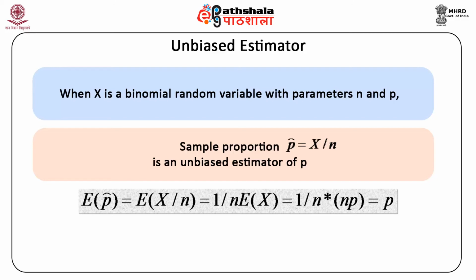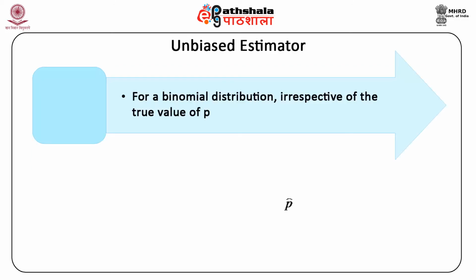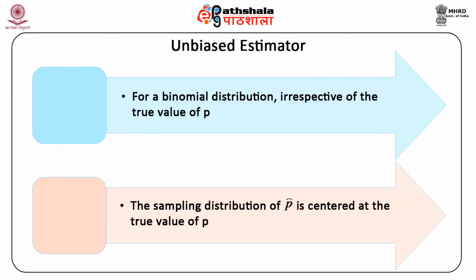Hence, the expectation of p hat is equal to p. Hence, for a binomial distribution, irrespective of the value of p, the sampling distribution of p hat is centered at the true value of p.